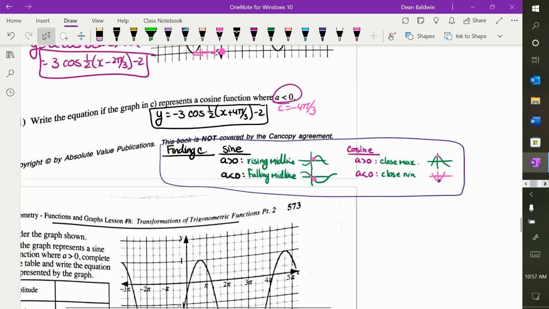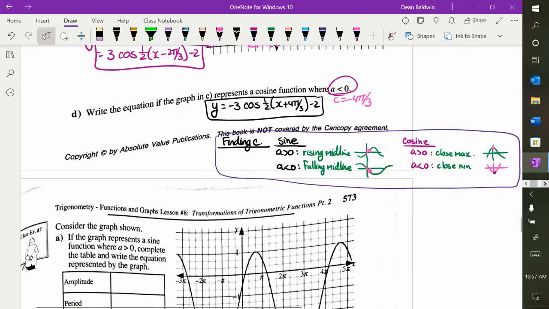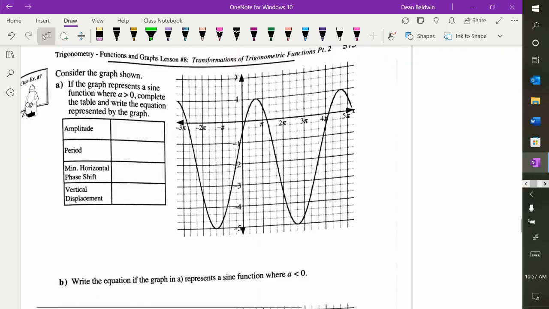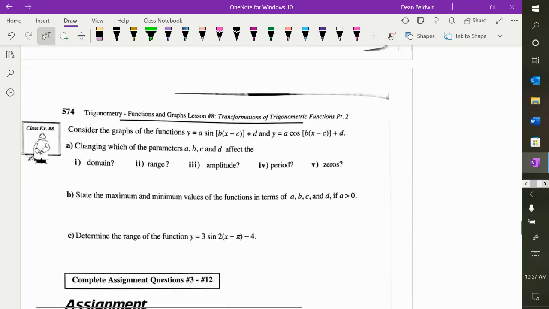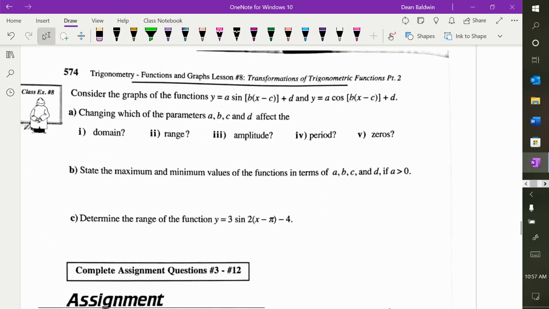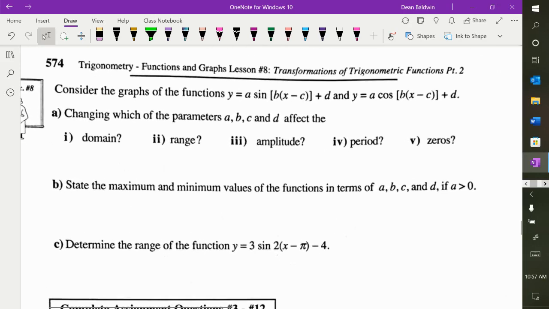All right, I got one last thing to do. It's pretty short, and then we're done. Page 574, please. Okay, if you have sine and cosine graphs, which parameters, A, B, C, or D, affect the domain?